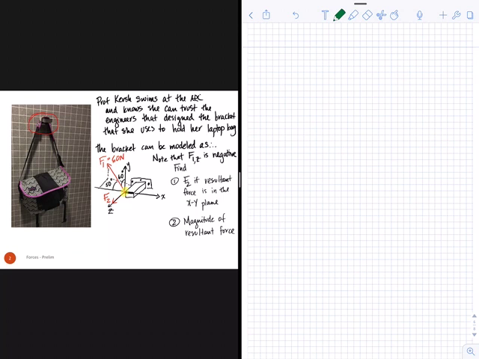So this is basically a 3D particle type resultant force problem. And it's sort of a discrete version of the equations of equilibrium, right? Because I want the resultant force to act only in the xy plane, which means what?